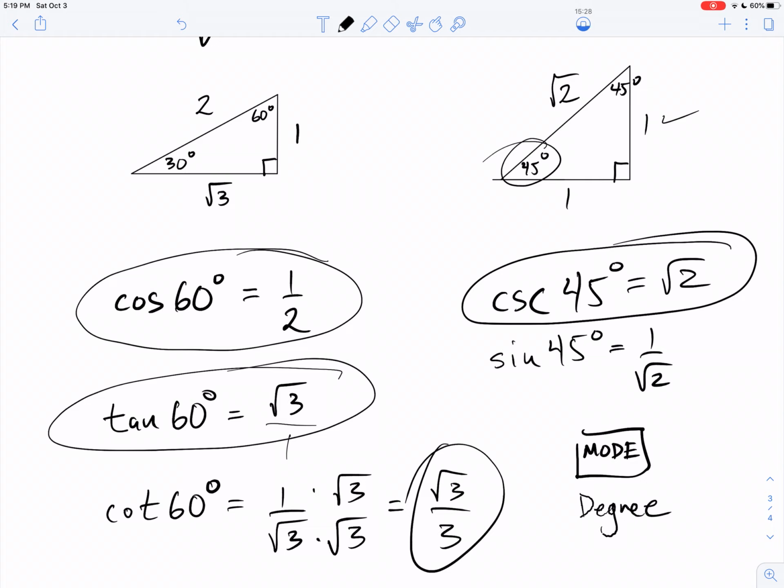Tangent of 60 degrees, and my calculator says the answer is 1.732050808. And if I hit math frac, it says the same thing because it cannot do anything with this number. Why? Because that number is irrational.